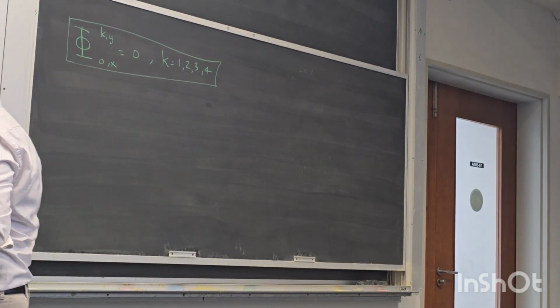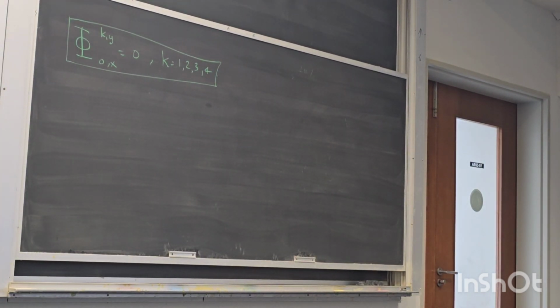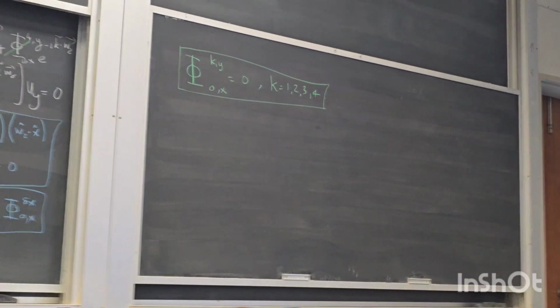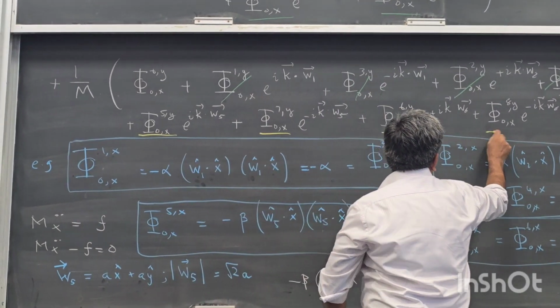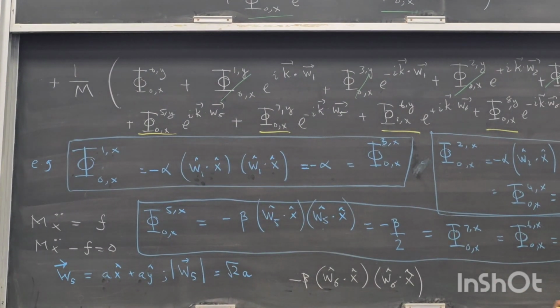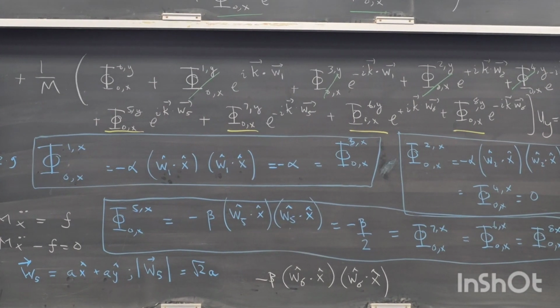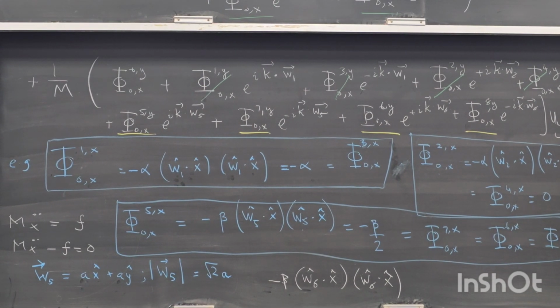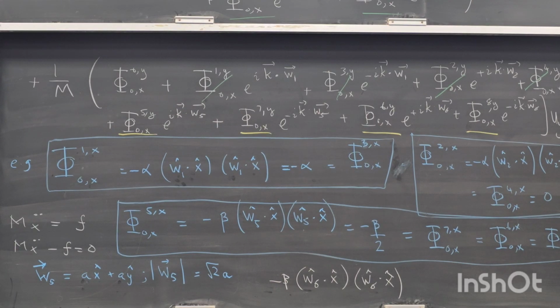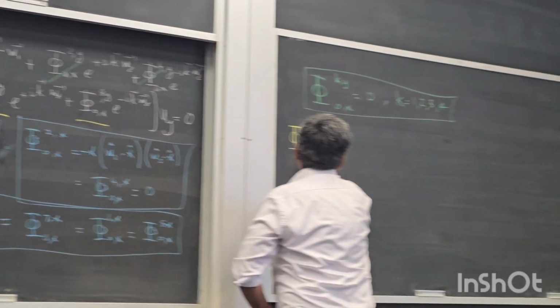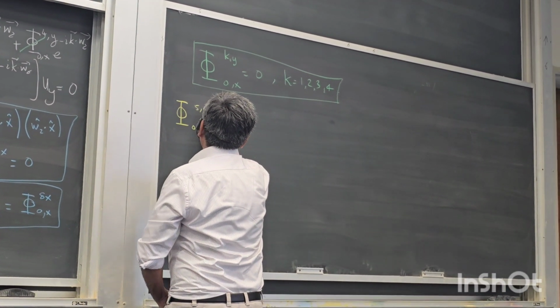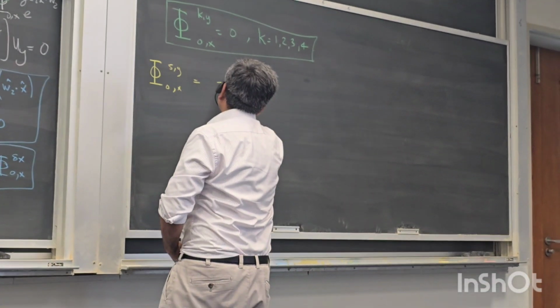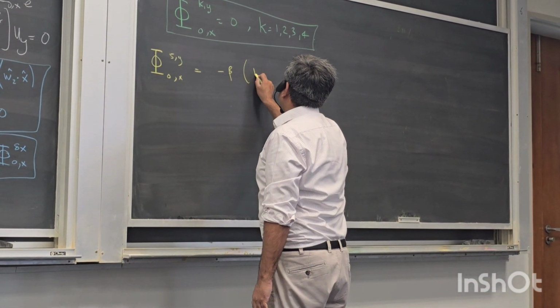However, this will not be true for these phi's because the interatomic vectors are now diagonal. So let's compute 0x 5y for example. So phi 0x 5y. What's the strength beta? With a minus sign, minus beta, I have W5.